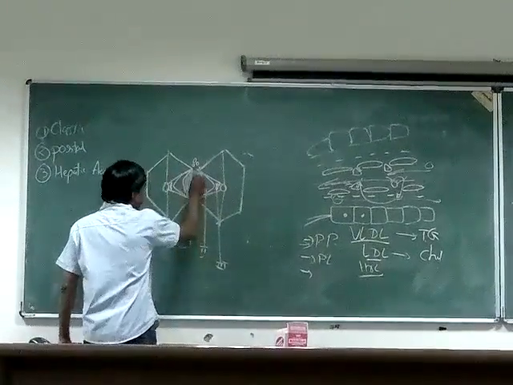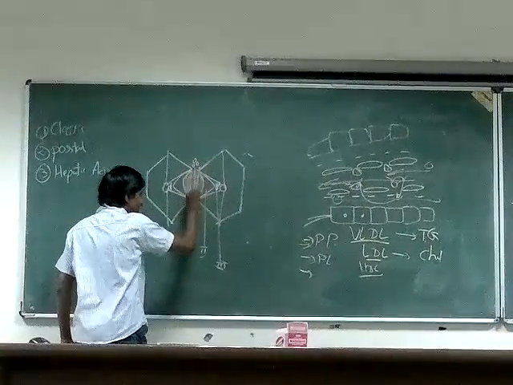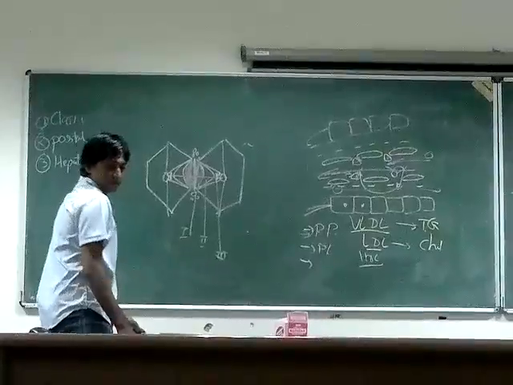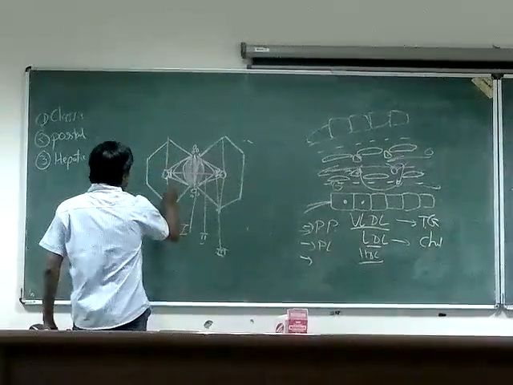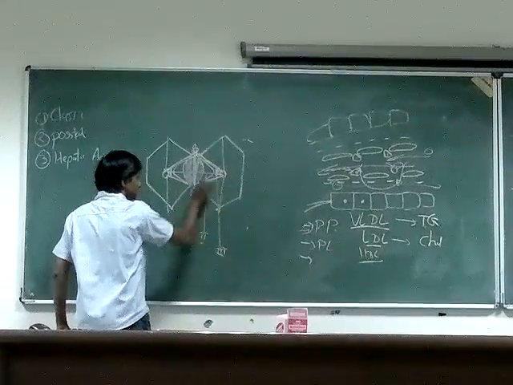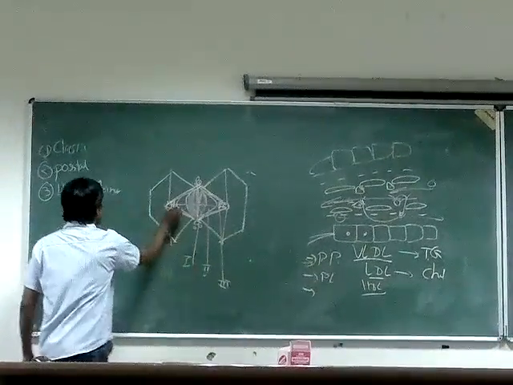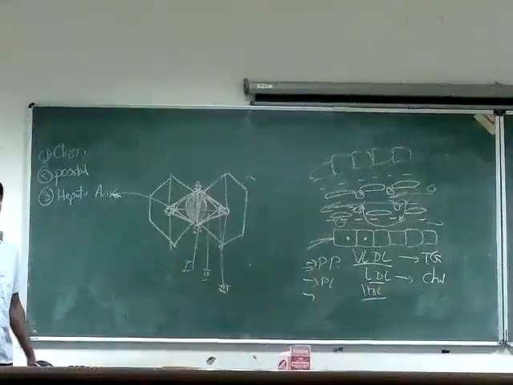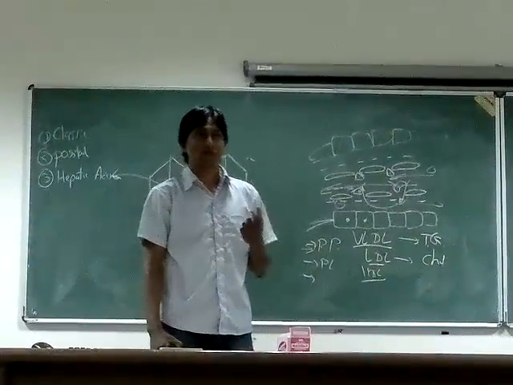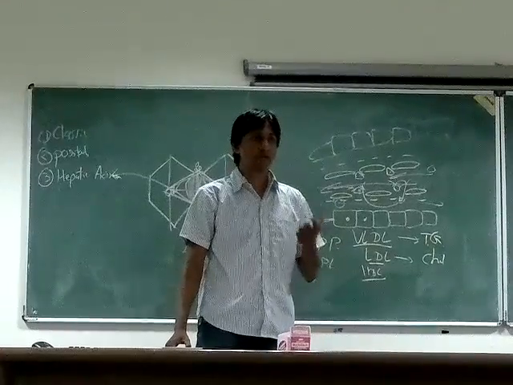Okay? If I put the short axis here and the long axis here, then this area from the center here to here, then here and here, is called the hepatic acinus. This is the third way of describing the liver lobule.